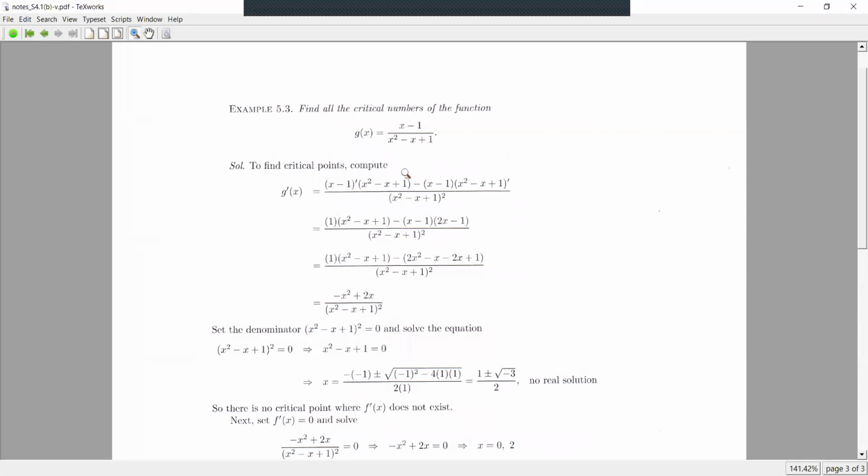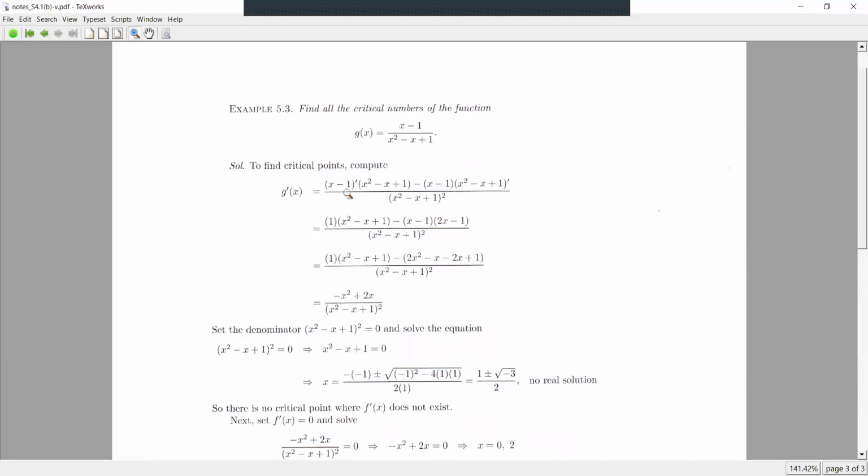It is a quotient, so we use quotient rule. By quotient rule, derivative of the numerator times denominator minus numerator times derivative of the denominator, then all divided by denominator square.